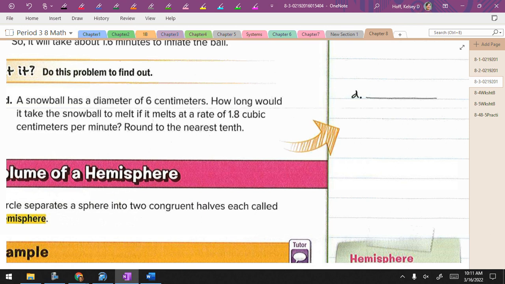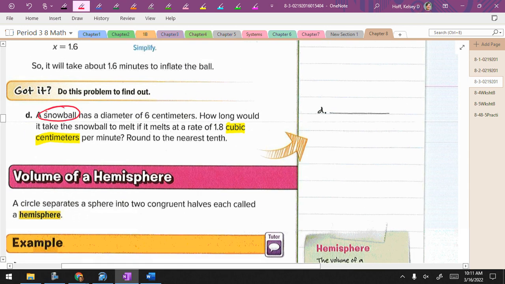If we are going to figure out how long it's going to take to melt, we have to know how much has to be melted, aka cubic centimeters is really our volume. So we have a snowball. What shape is a snowball? A sphere. Volume equals 4 pi radius cubed divided by 3. What's your radius? 3. Good job.